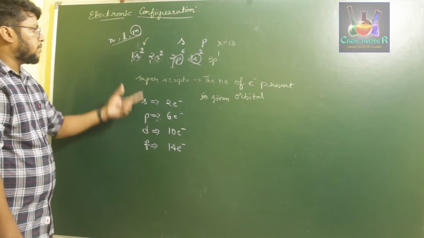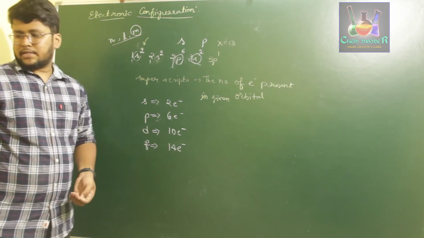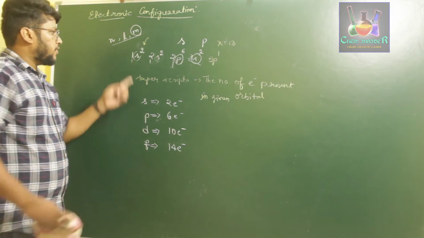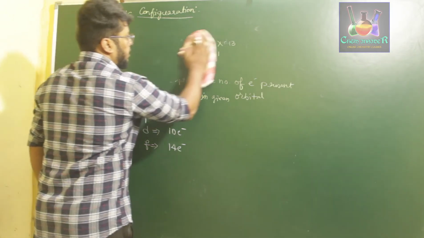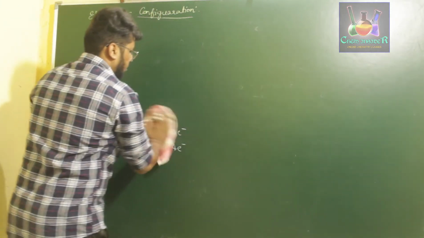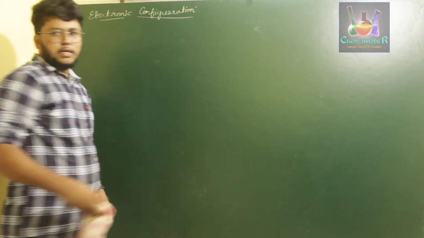So this is the first method of writing an electronic configuration. In the second method, instead of writing 1s, 2s, we write boxes, that is the total number of orbitals present.